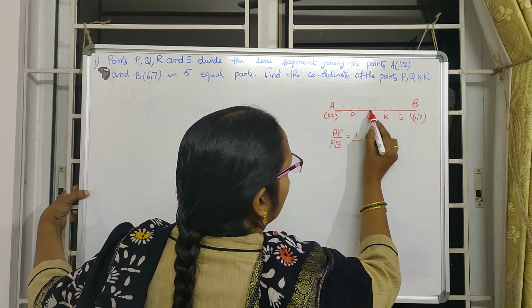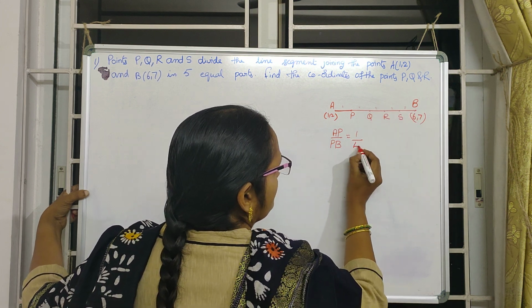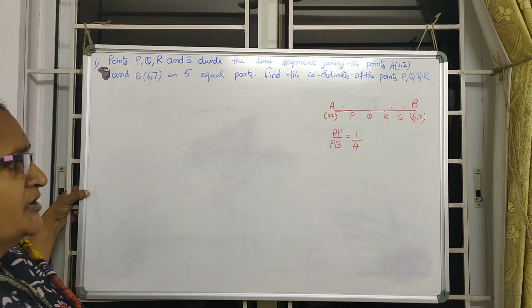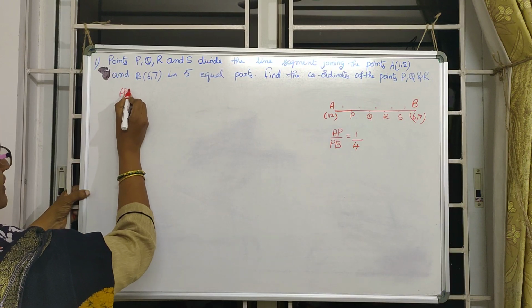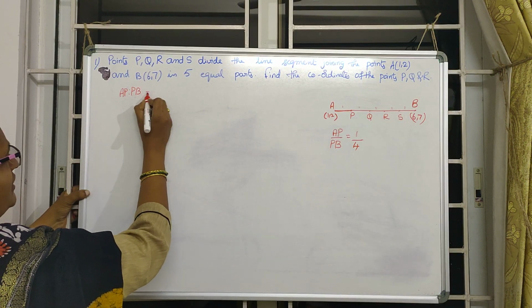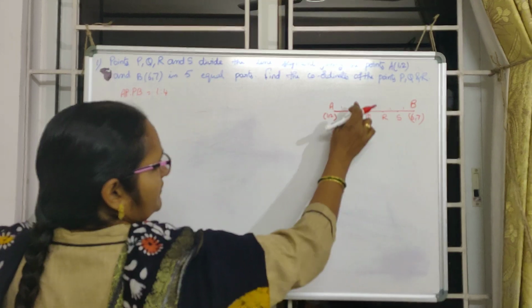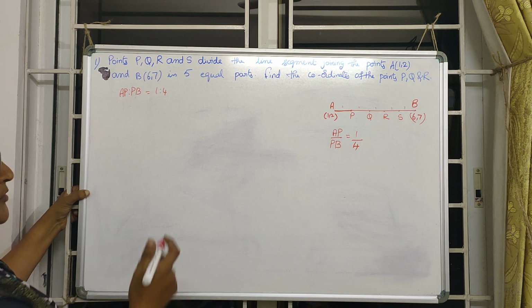From here to here 1, 2, 3 and 4. So 4 units. So the ratio in which P divides AB is 1:4. Using this ratio and the points A and B, we will find the coordinates of P, using the section formula.